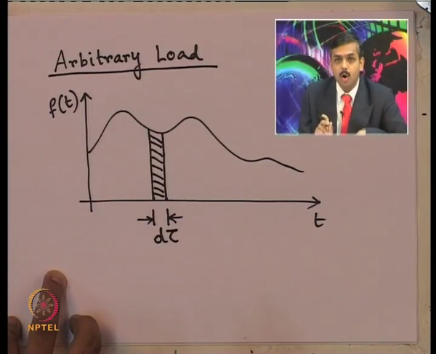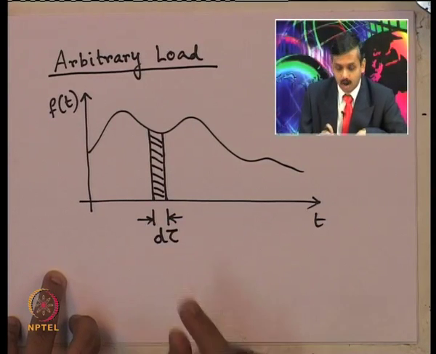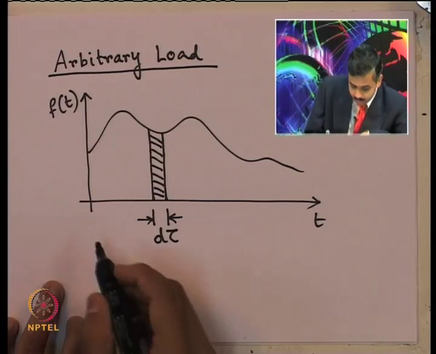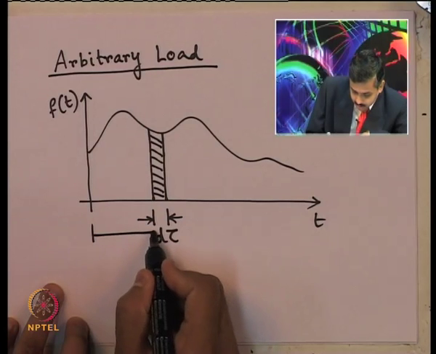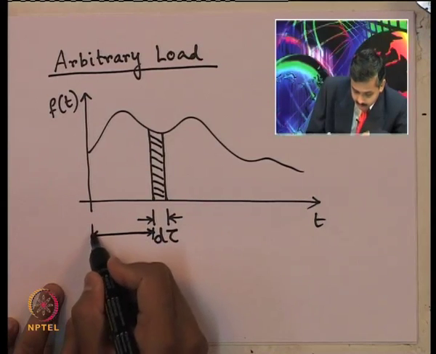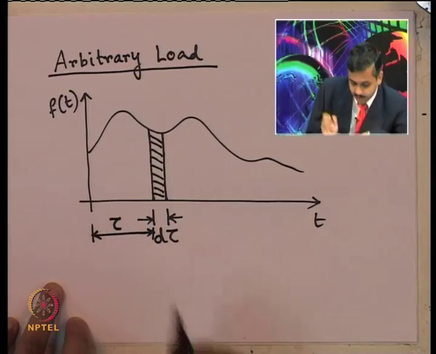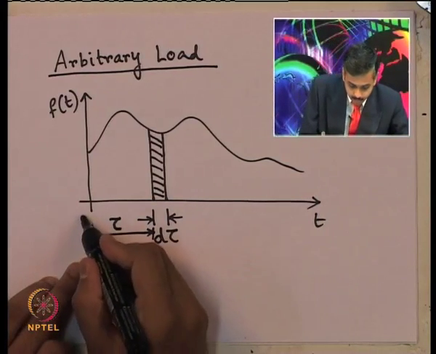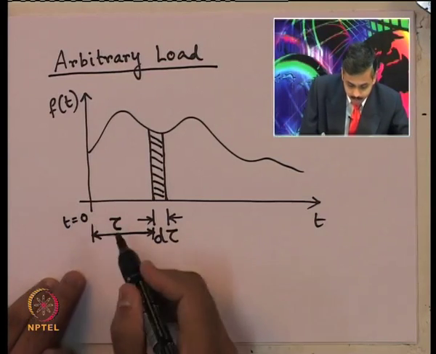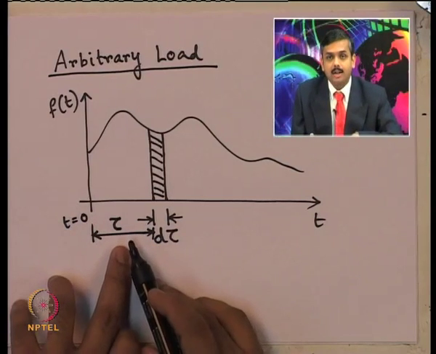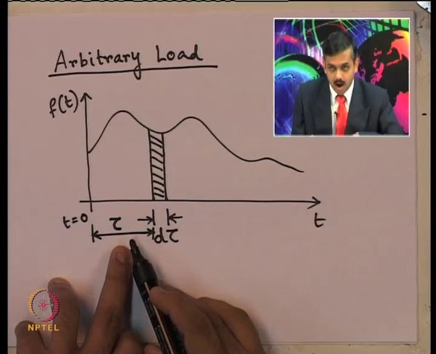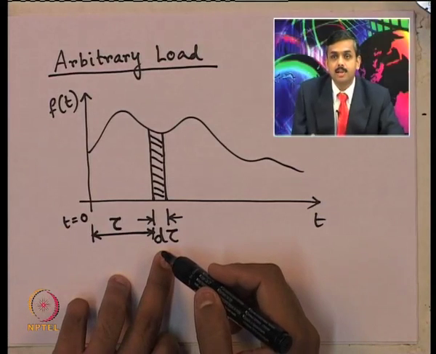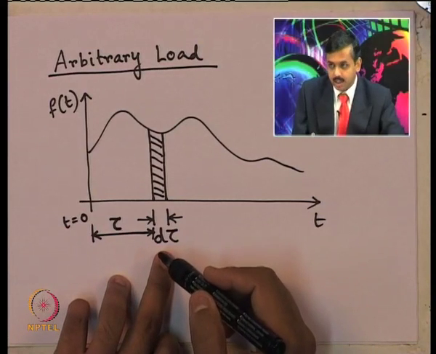For a very small duration of time d tau, we are considering how the force varies under this curve, and suppose this occurs after an elapsed time tau from the beginning of the force, that is from t equals 0.